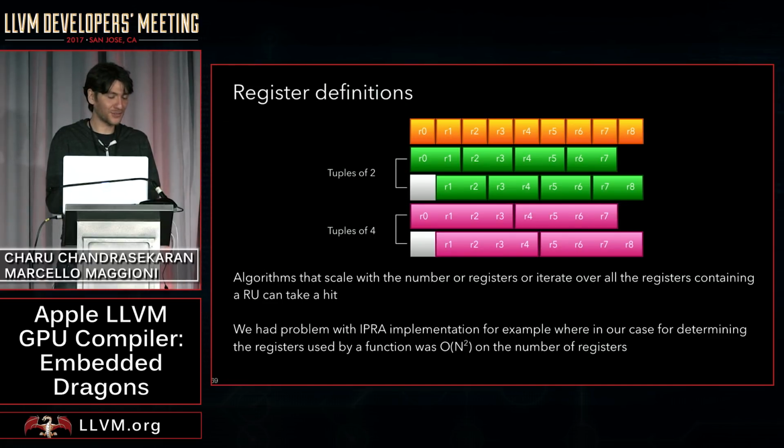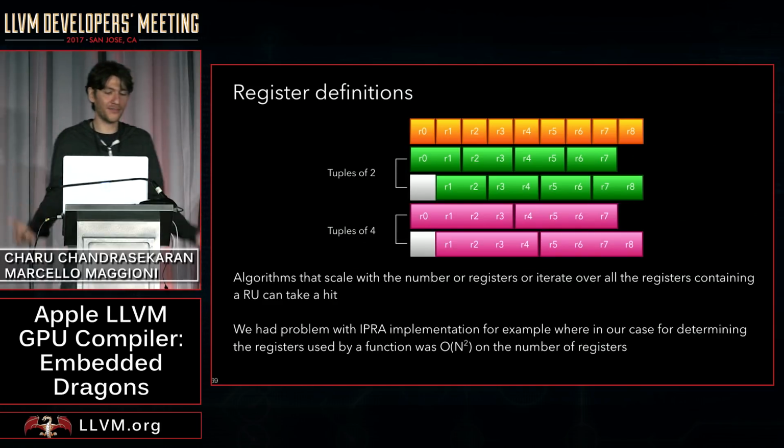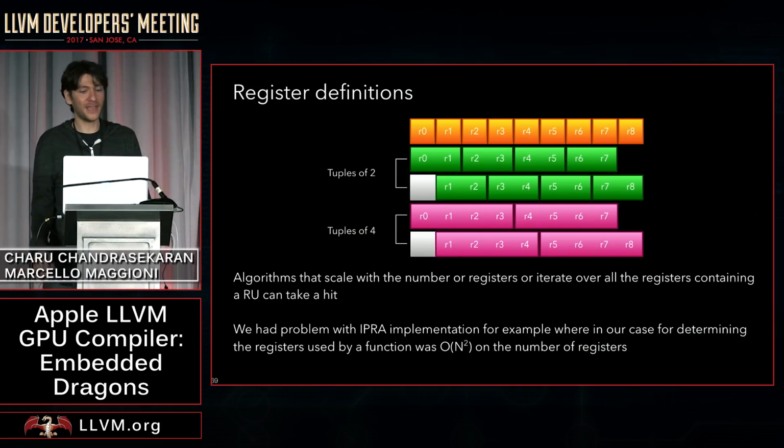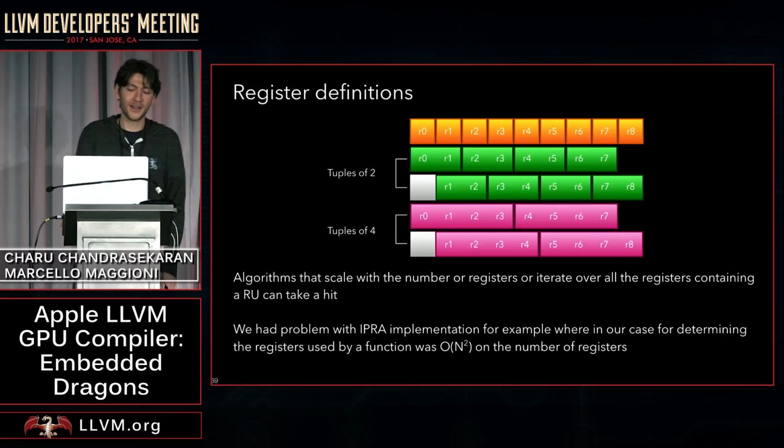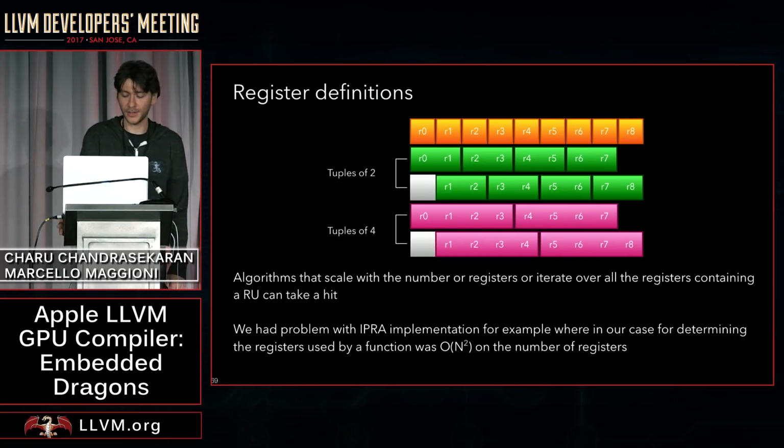Because we have so many registers and they all overlap with one another, we ended up with near n-squared behavior in the number of registers, which for us was disastrous. So we had to restructure the algorithm, which worked very well for CPUs with no problem, to have better behavior for GPUs.